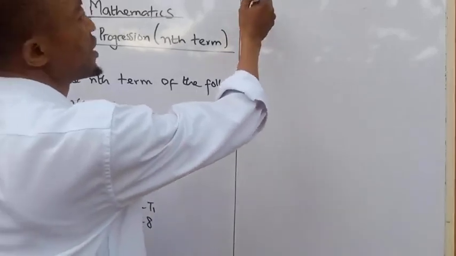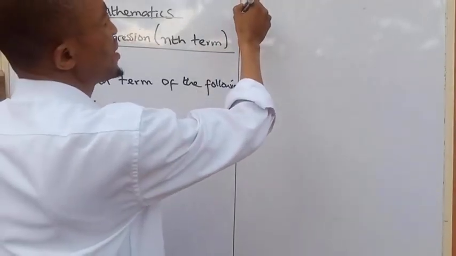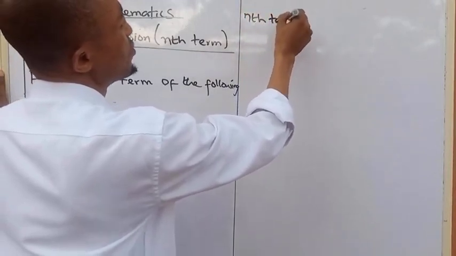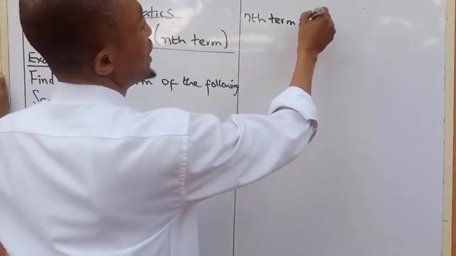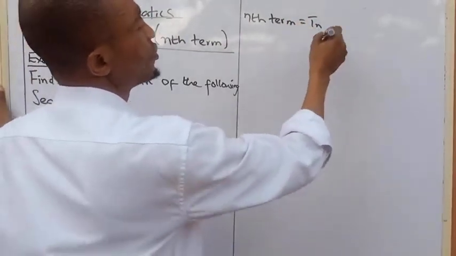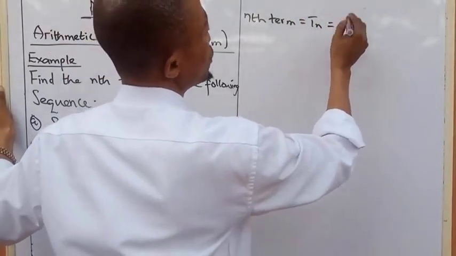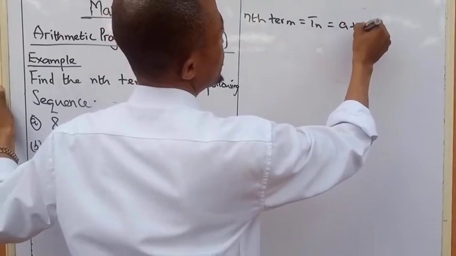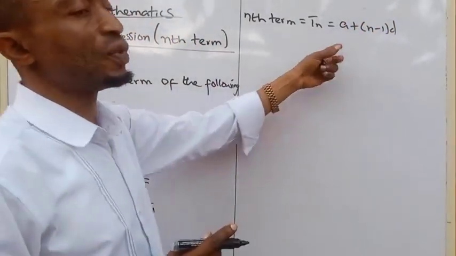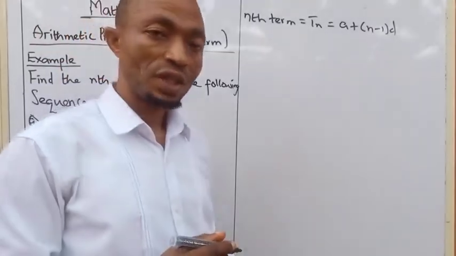The nth term, Tn, is equal to the formula A plus open bracket n minus 1 close bracket D. This is the nth term for an AP.